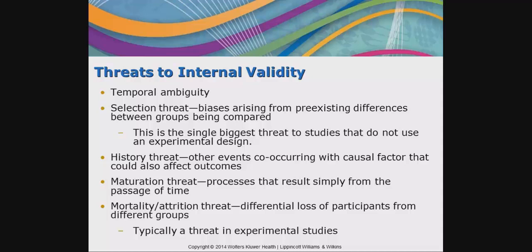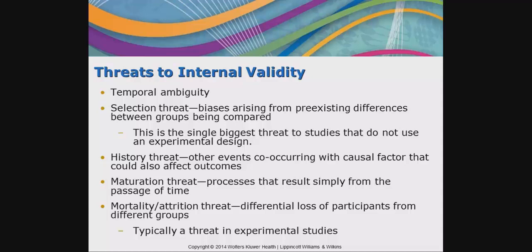And these are really the main threats listed here. That selection threat, the maturation threat, just because of the passage of time. Comparing apples to oranges, like I mentioned, between the groups being compared, they're apples and oranges, so it doesn't make sense. So that's an internal validity threat.